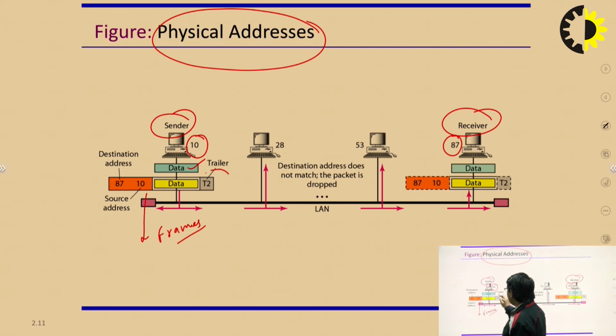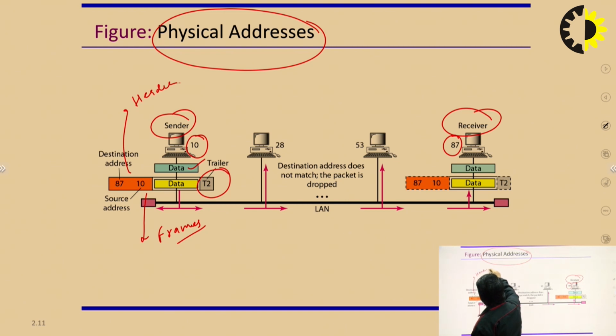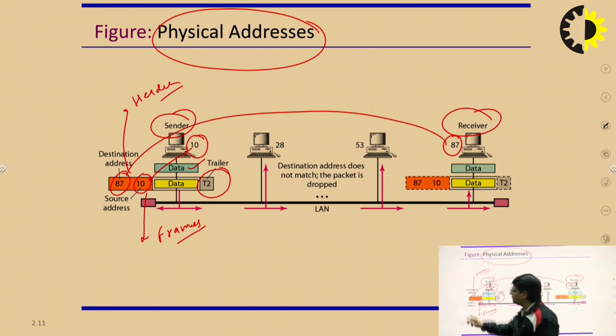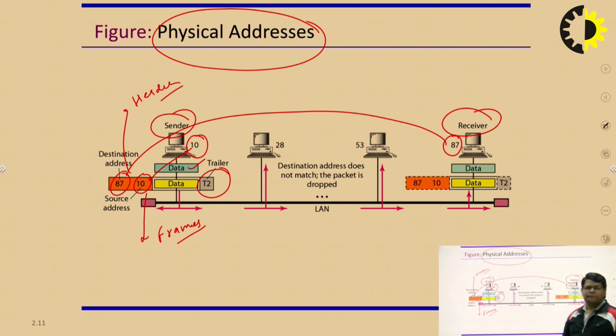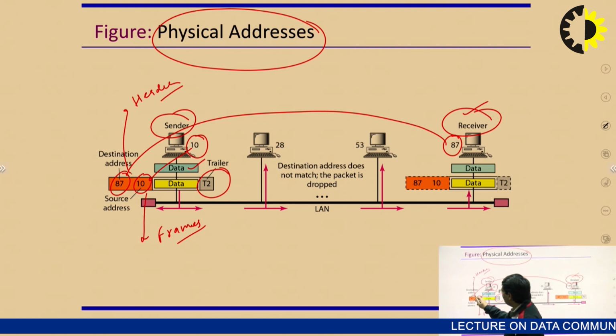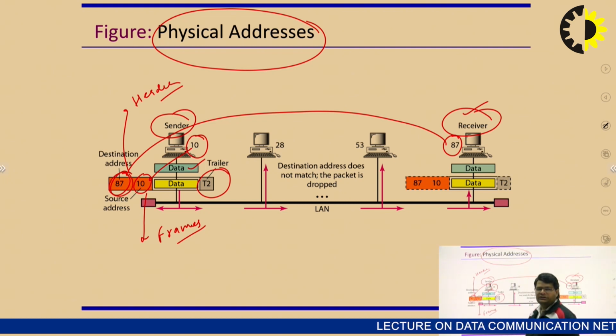So we have a trailer added into the data, and then we have a header added in the data. This header has the source address 10. Then we have the exact destination address 87. That is, for delivery of data we require the exact destination address 87.